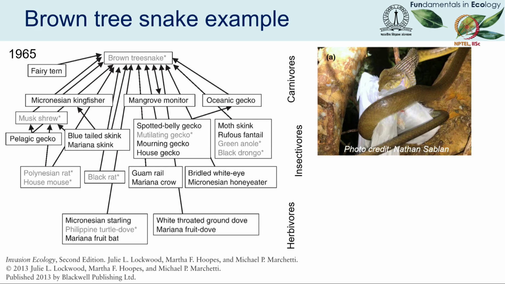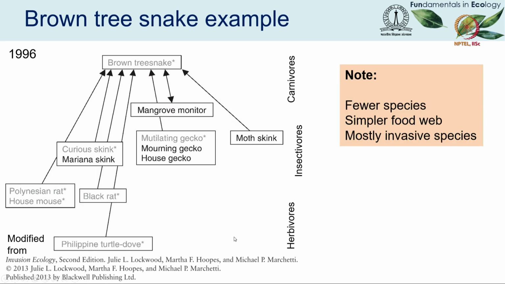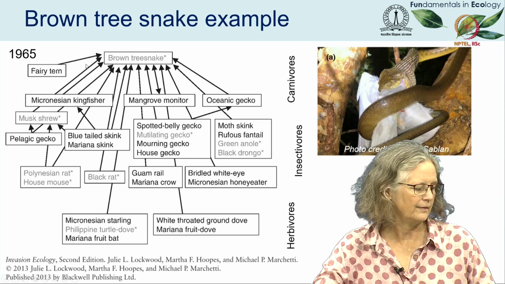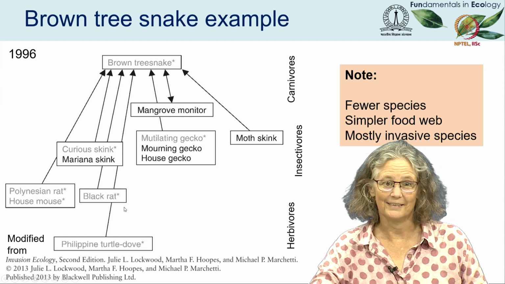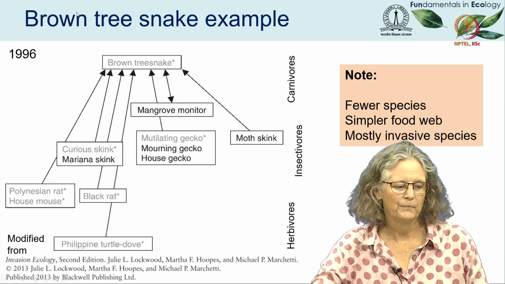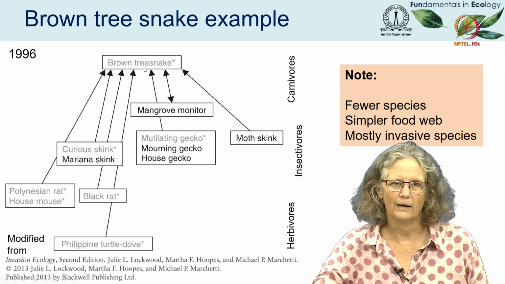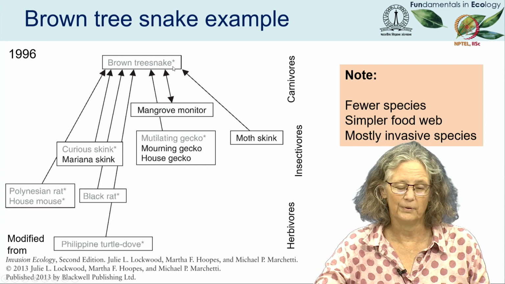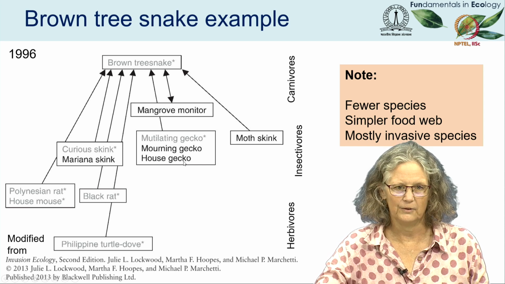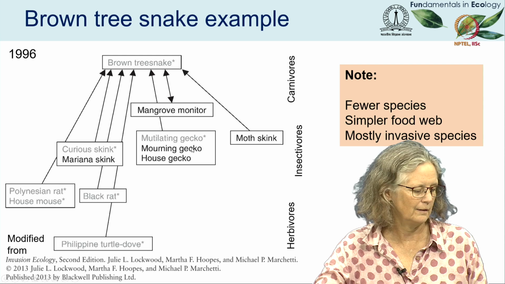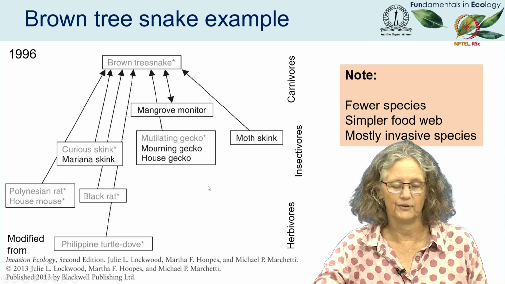That's after 20 years. That was 1965. Then if we look at 1996, we see the food web is drastically changed. Now the fairy tern has been out-competed by the brown tree snake, so it's the only top predator. Many of the native species, the ones in black font, have disappeared.